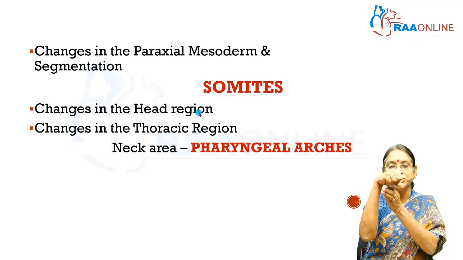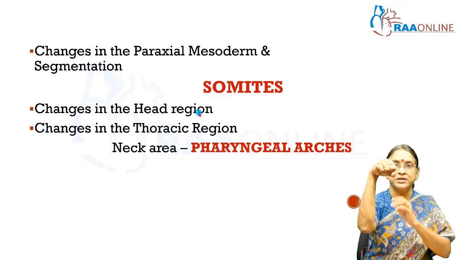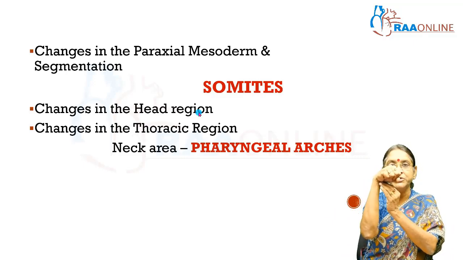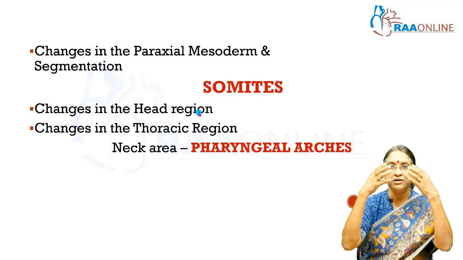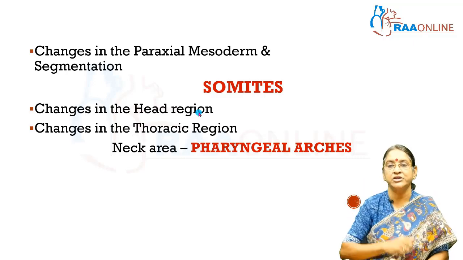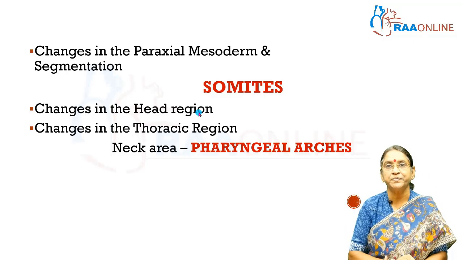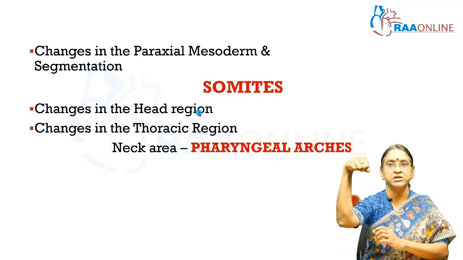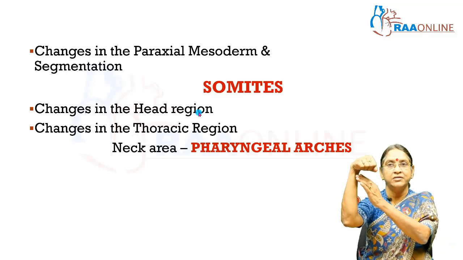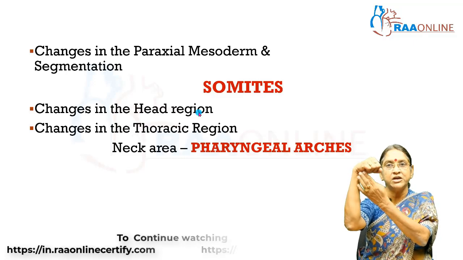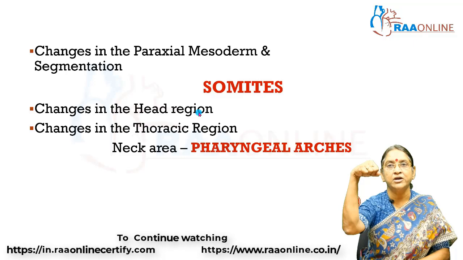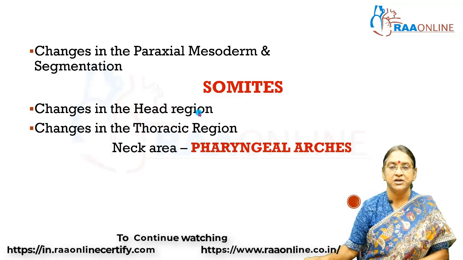This is the future chest. So when the head region, the chest region here, what has to come in between? The chest here, the head here, so the neck region, which means the pharyngeal arches. If you imagine this way, the head, the chest here, in between, these folds like the fingers are indicative of the various pharyngeal arches developing.